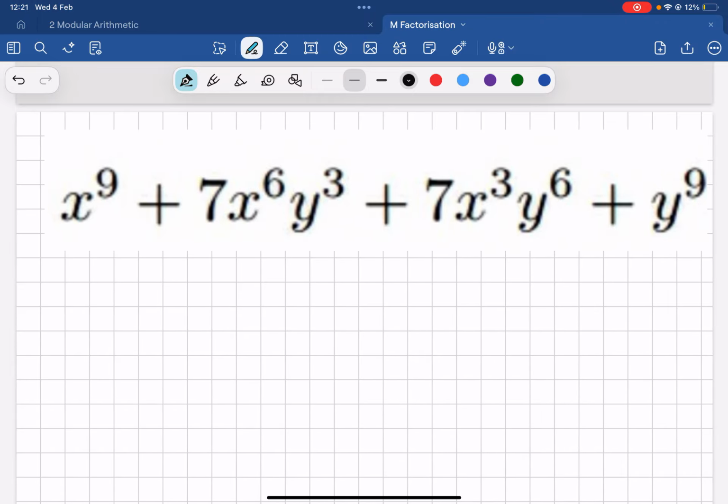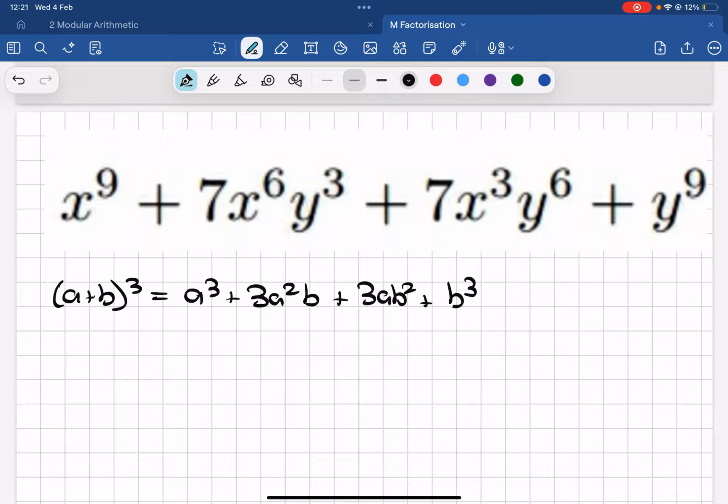We know that (a plus b) cubed equals a cubed plus 3a squared b plus 3ab squared plus b cubed. Now you might ask, why have we used cubed here and not powers 9, 6 and 3? Well, 3 there, but whatever.